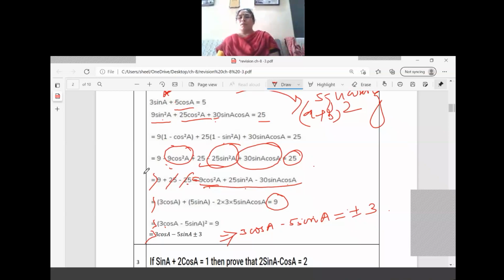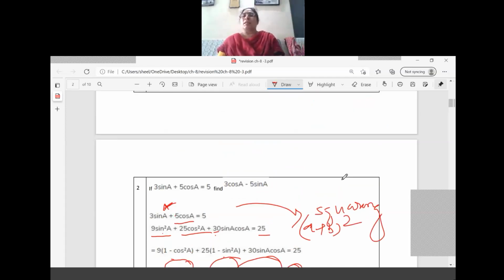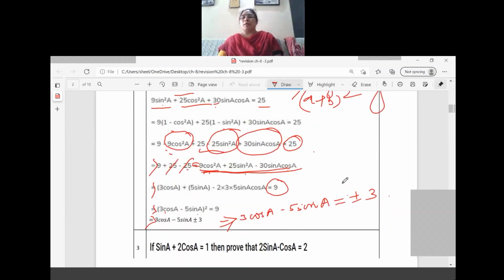So we are getting all the terms on the right hand side, and if you check them, they are in the form (a minus b) whole square. After the simplification we get 9 only, so it can be written as (3 cos a minus 5 sin a) whole square. That means 3 cos a minus 5 sin a equals plus or minus 3 only. So find the value only, it is asked.